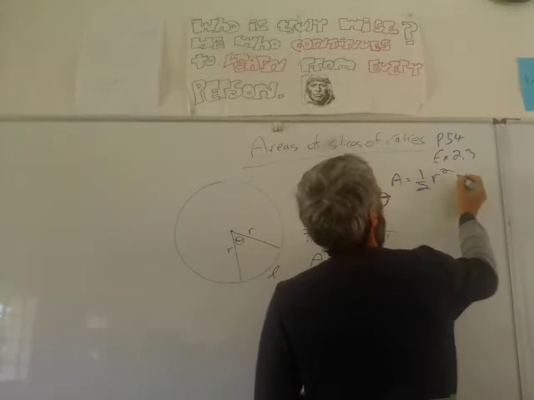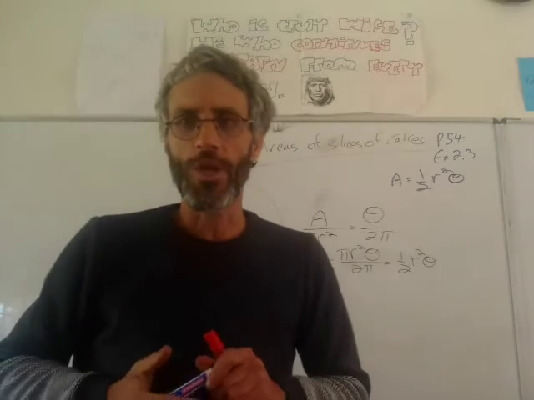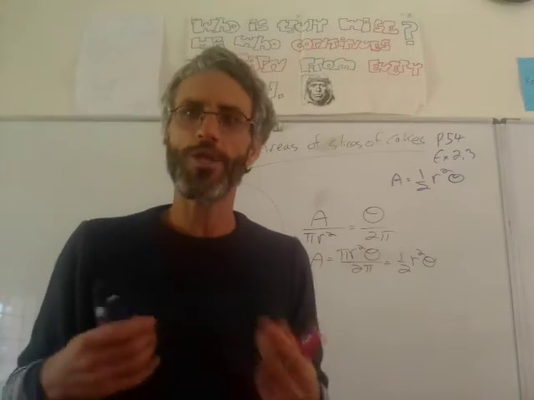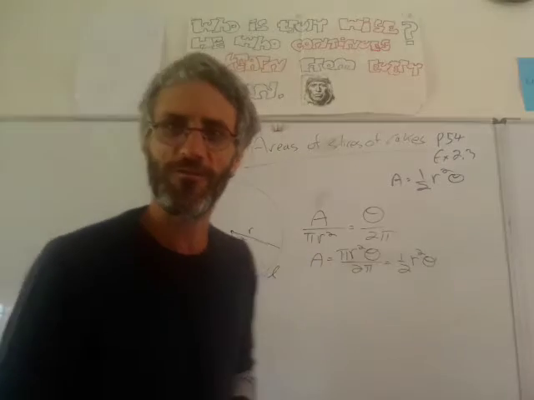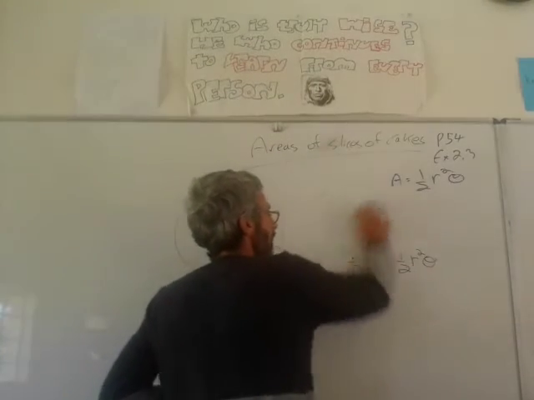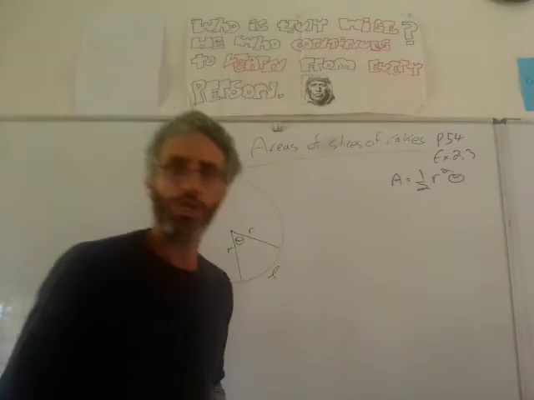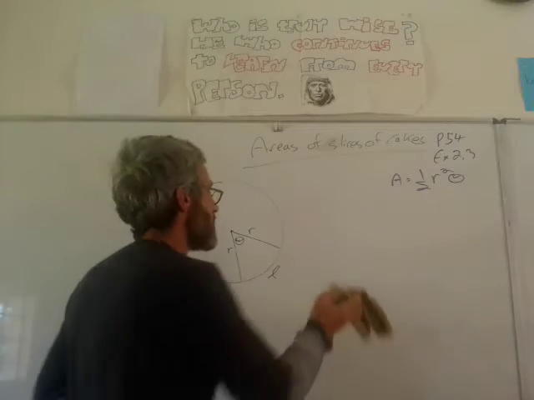So that's our first equation that we're going to use to solve questions about the area of slices of cake. But I'm going to add another equation that we mustn't forget: the definition of the angle theta in radians.